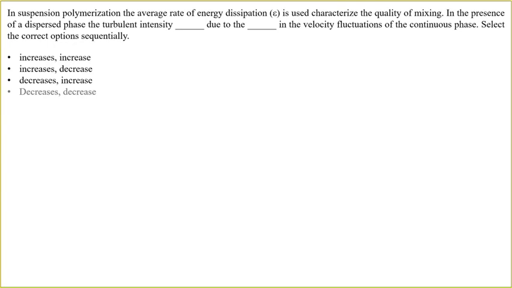So since there are fluctuations in the velocity of the continuous phase, in the dispersed phase the turbulent intensity decreases due to the decrease in the velocity fluctuations of the continuous. So both terms are decreasing. So that's why the correct answer for this is the fourth option. That is, both of them decrease. In the presence of dispersed phase, the turbulent intensity decreases due to the decrease in velocity fluctuations of continuous.